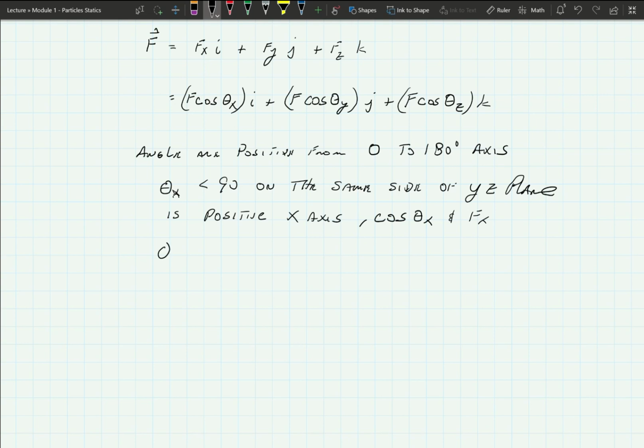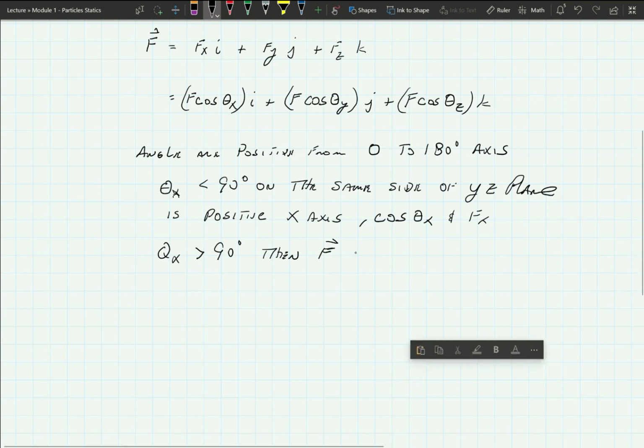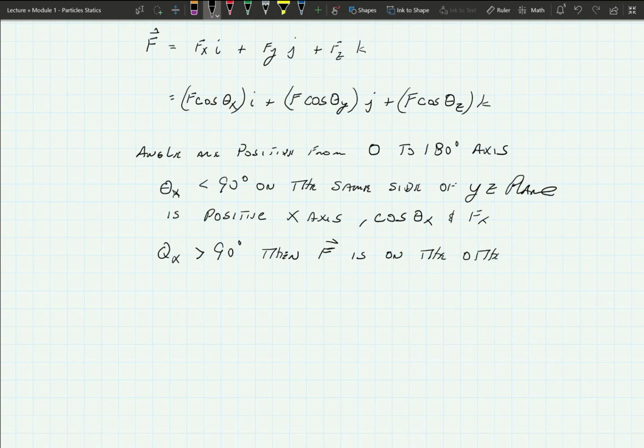Okay. If theta x is greater than 90 degrees, then the force vector is on the other side of the YZ plane.